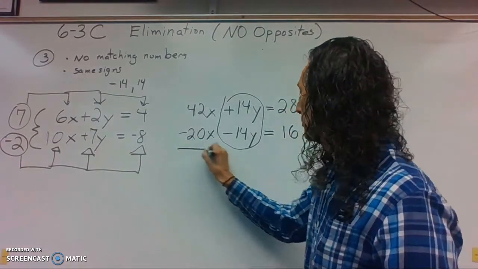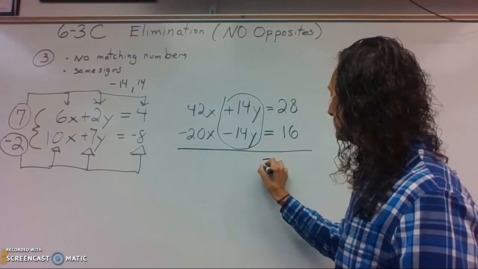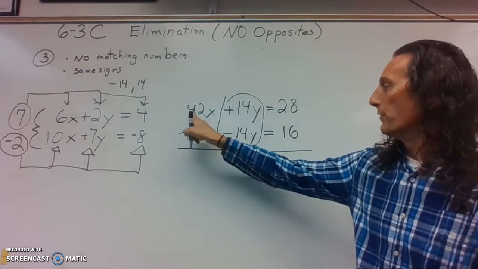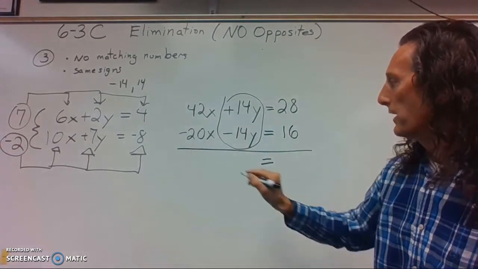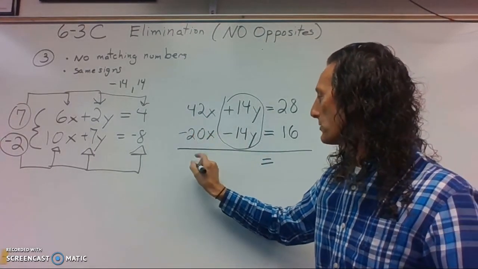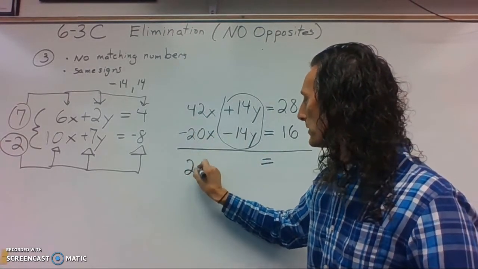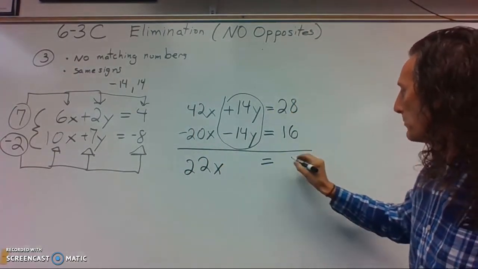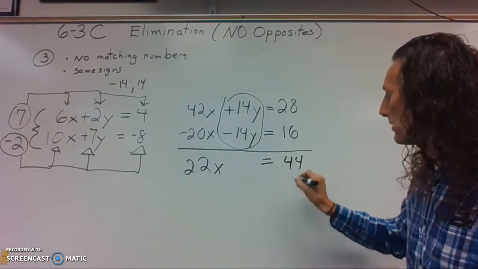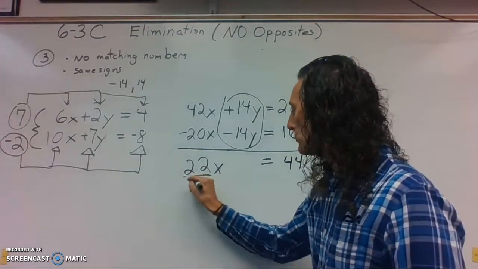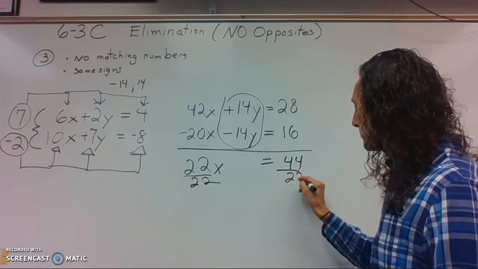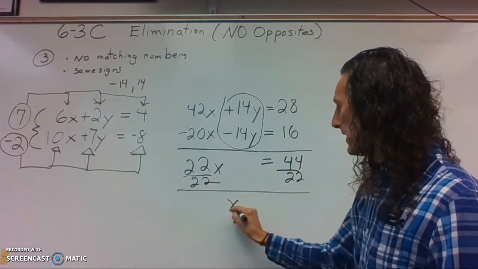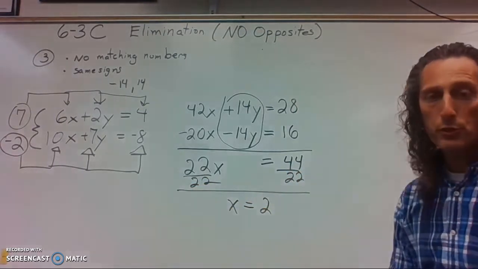So again, we'll just go quickly through this. Well, this is going to add up to 42 minus a 20 should give me a 22. 28 plus 16 will add up to 44. Divide by 22. Divide by 22. And x will be 2.